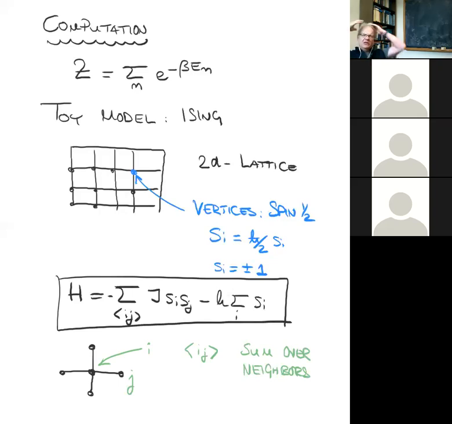Now, in principle, that could be a complicated interaction that has somehow a long range, so that every spin kind of knows what all other spins are doing. So that's possible, but this actually turns out to be a pretty good caricature of what happens in real systems, that roughly speaking, every spin just sees its nearest neighbors, and it knows whether the nearest neighbor has the same alignment or a different alignment.